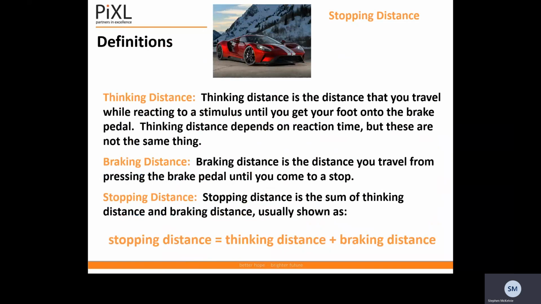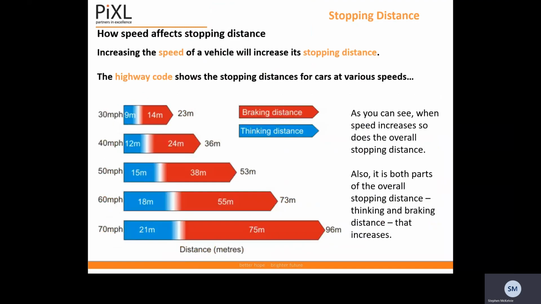One of the biggest things that can affect stopping distance is the speed of the vehicle. The Highway Code picture shows the stopping distance for cars at various speeds. Even if you're just going 30 miles per hour, it can take up to 23 meters to stop. The bigger the speed, the bigger the stopping distance.